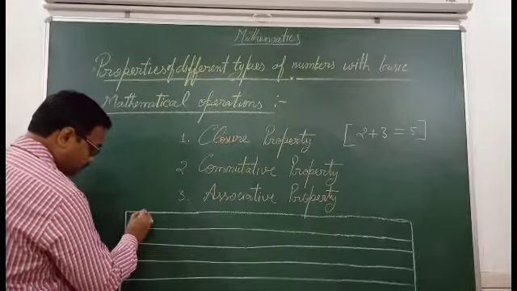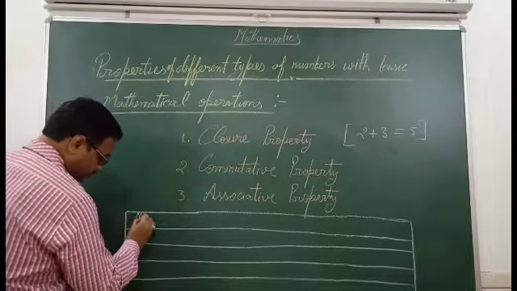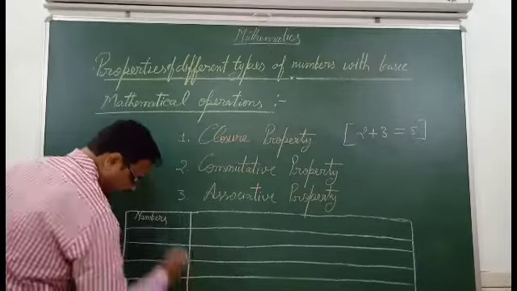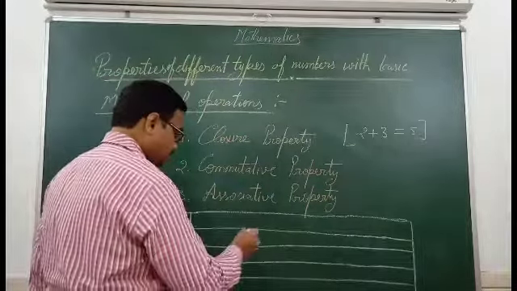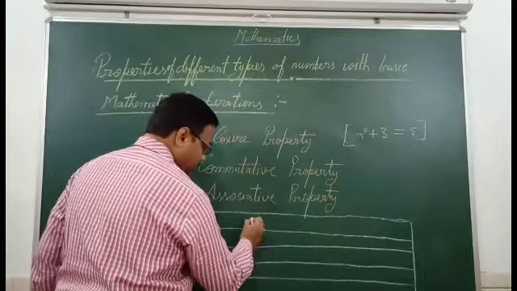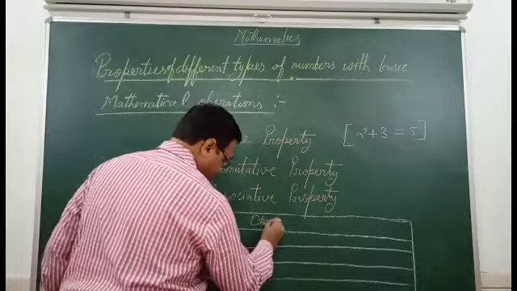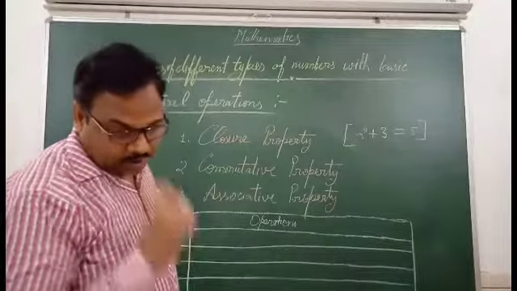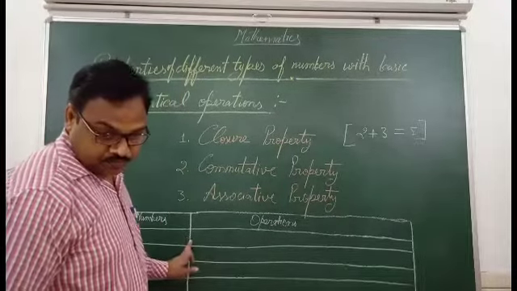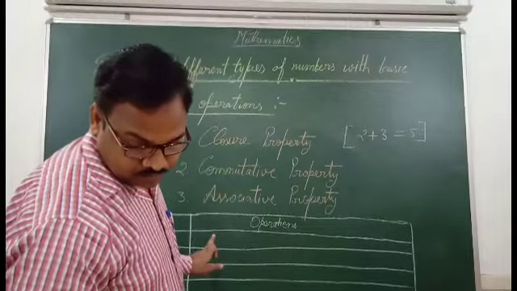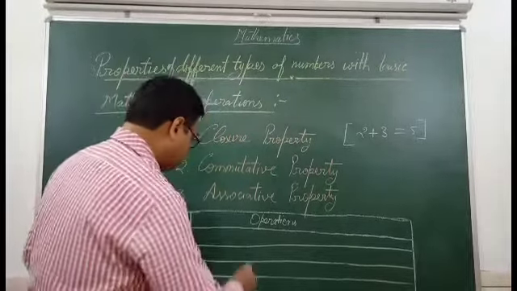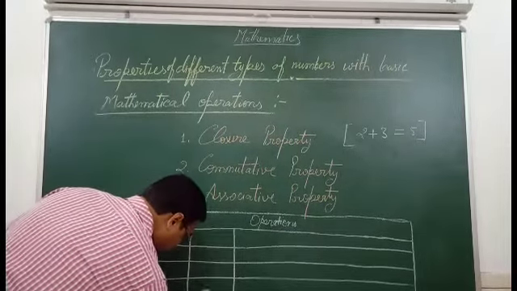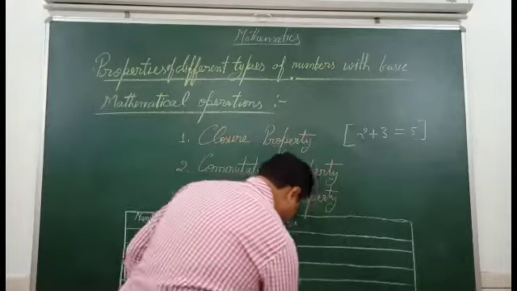Here you can see numbers, and in this column we will put operations. Okay. And we will divide this further also.